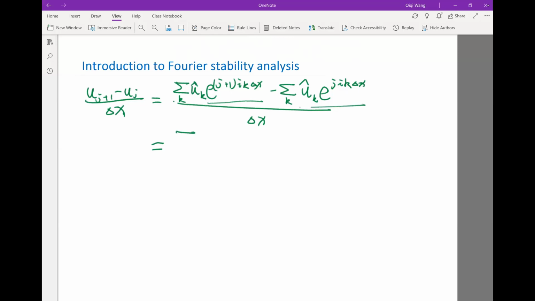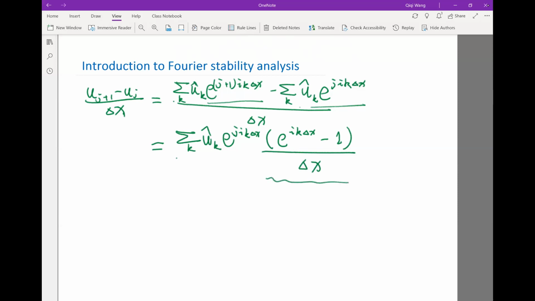So let me just write it down: sum over k of u hat k times e to the j i k delta x times something minus 1, and that something is e to the i k delta x minus 1. That thing divided by delta x.